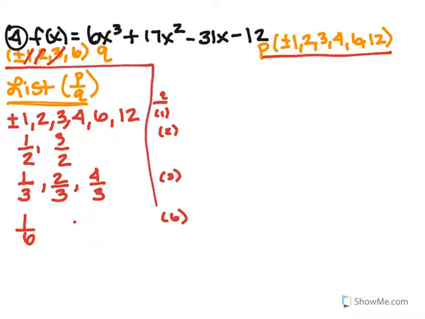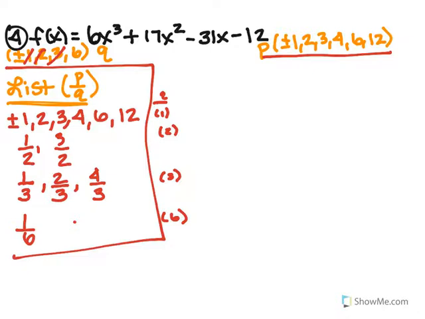So all I can do for row 6 is 1/6. So that would be my list of possible zeros. Okay? That's in lowest terms. I don't write the ones that can be reduced. Keep that in mind.